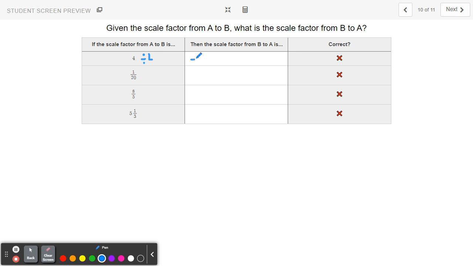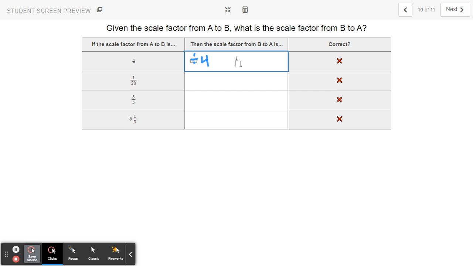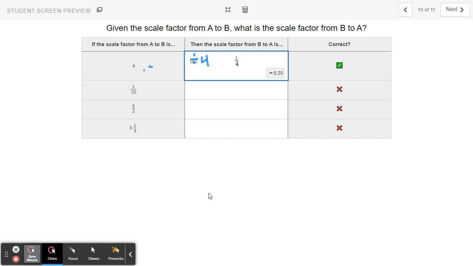But that's not multiplying, and you always use scale factors as multiplying. So I have to figure out what's the same as dividing by 4, but in multiplication. I know that's 1/4, because it's the reciprocal of 4.